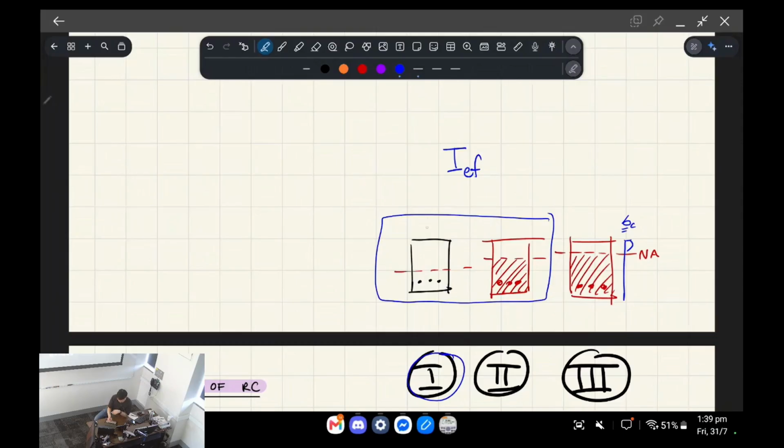In the first stage, the moment of inertia is the gross or uncracked moment of inertia, whereas in the second stage, that's your cracked moment of inertia. So your effective moment of inertia is some value in between those 2.